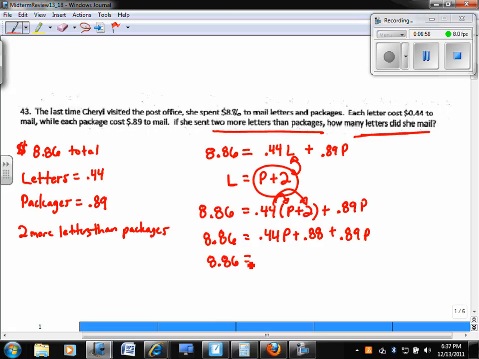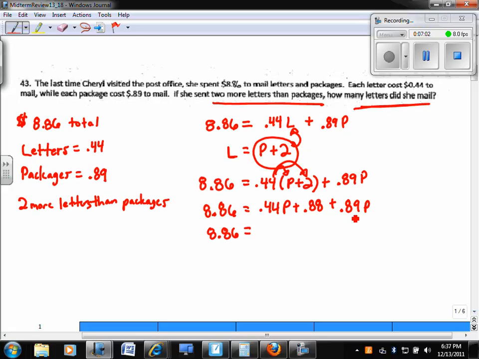8.86 is equal to, let's simplify, so we have 0.44 plus 0.89. So let's see, 0.89 plus 0.44, 4 and 9 is 13, 8 and 4 is 12, plus 1 is 13.